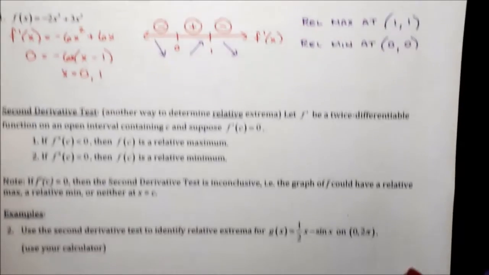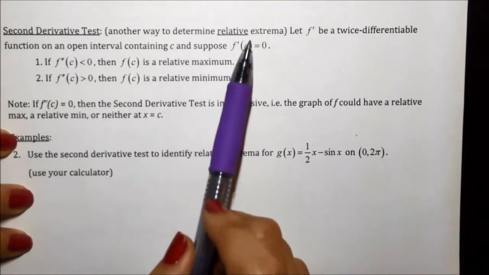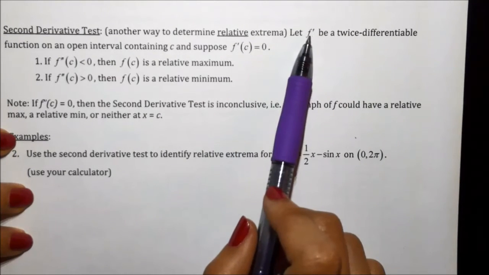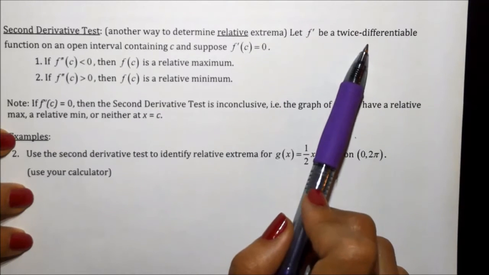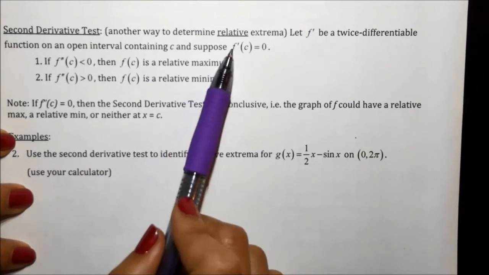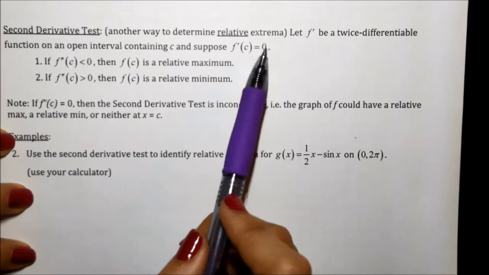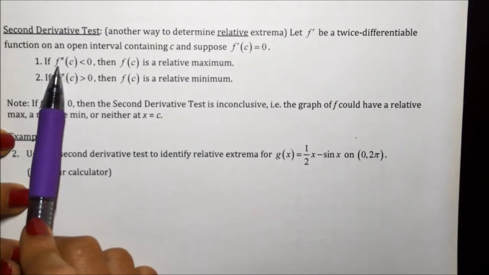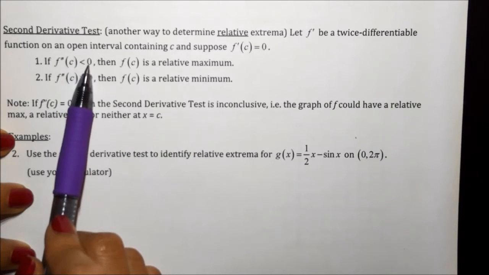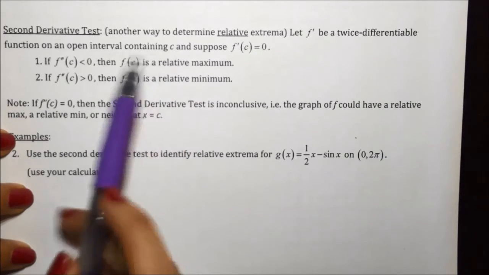You can also use what's called the second derivative test. So this is another way to find maximums and minimums. If the function is a twice differentiable function, and the first derivative equals 0, and then the second derivative is less than 0, so that means the second derivative is negative, then f of c is a relative maximum.